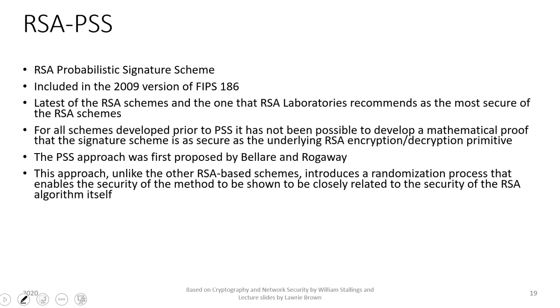One of the latest digital signature schemes that has come about recently is what is known as RSA PSS, that is the RSA probabilistic signature scheme. It was introduced significantly recently compared to the others, in 2009, and it is recommended as the next generation signature scheme to be used in modern applications as we go forward.